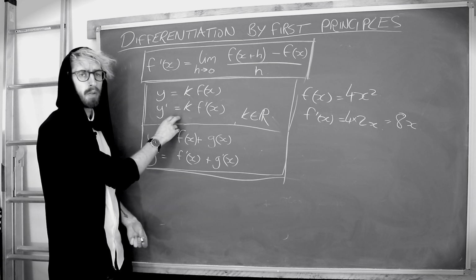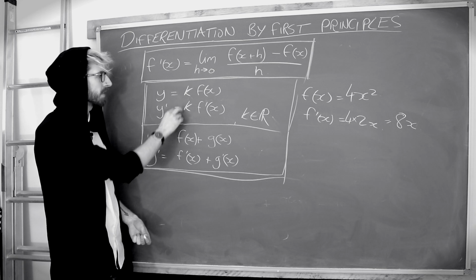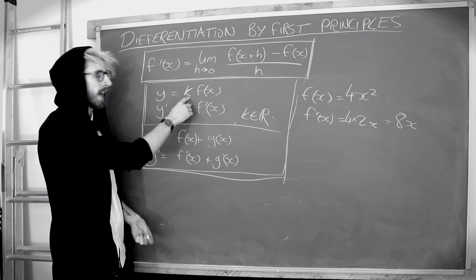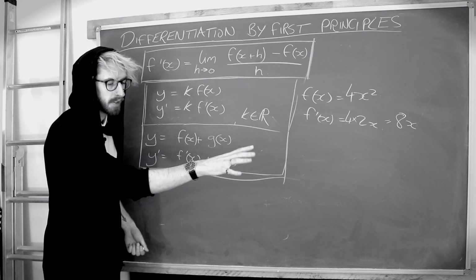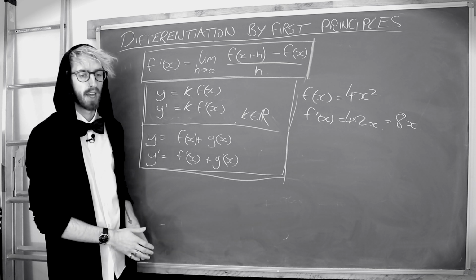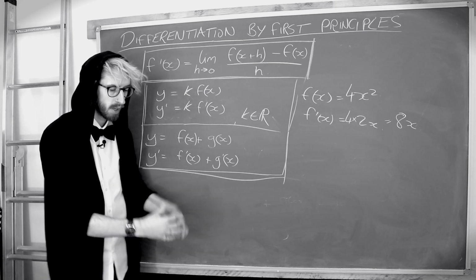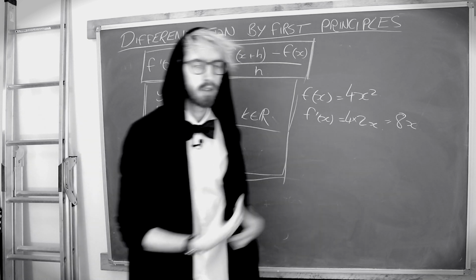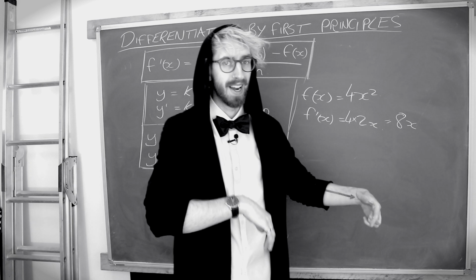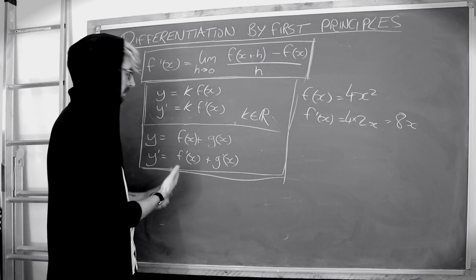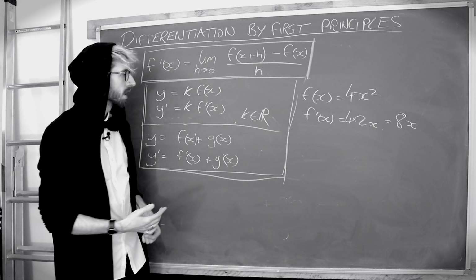This is just an interesting property where if you can take out a factor, then you can just do the derivative of everything else and then put that factor back in at the end. This one is if you've got separate terms in an equation, you just do the derivative of each separate term and add them all together. And that's the derivative of something like that.